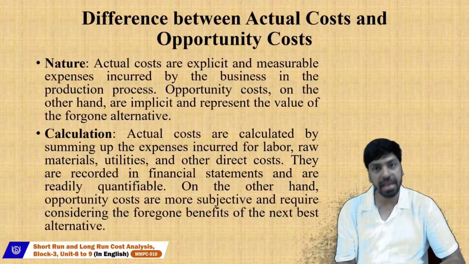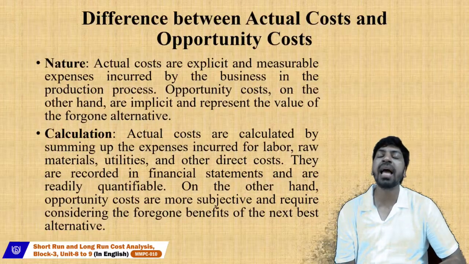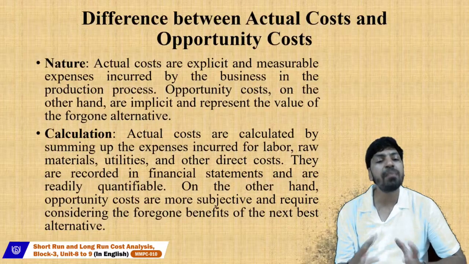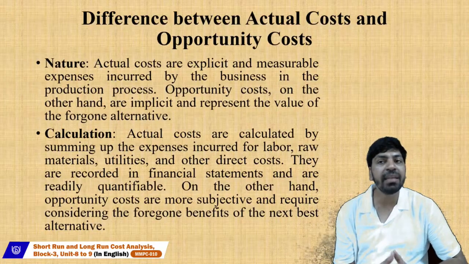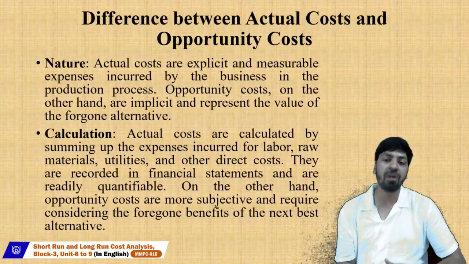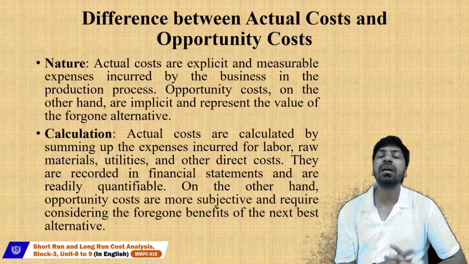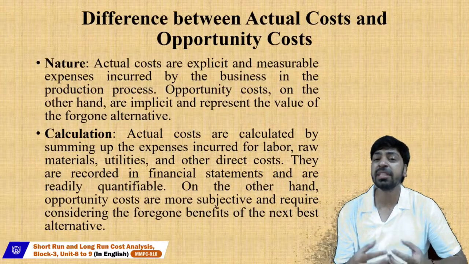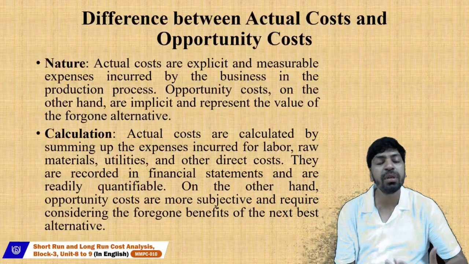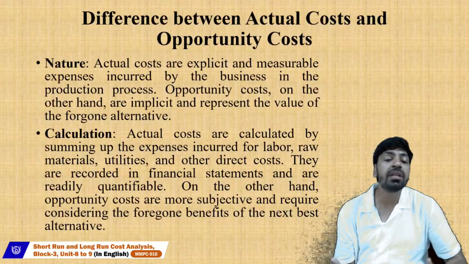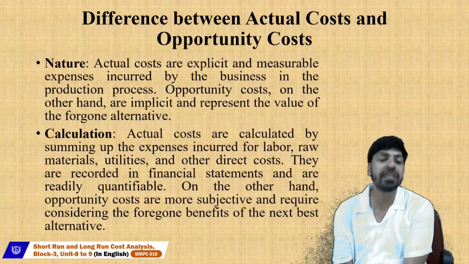In terms of calculation, actual costs are calculated by summing up the expenses related to labor, raw materials, utilities, and other direct costs. Opportunity costs are more subjective. They require more research while giving up the foregone benefits of the next best alternatives.